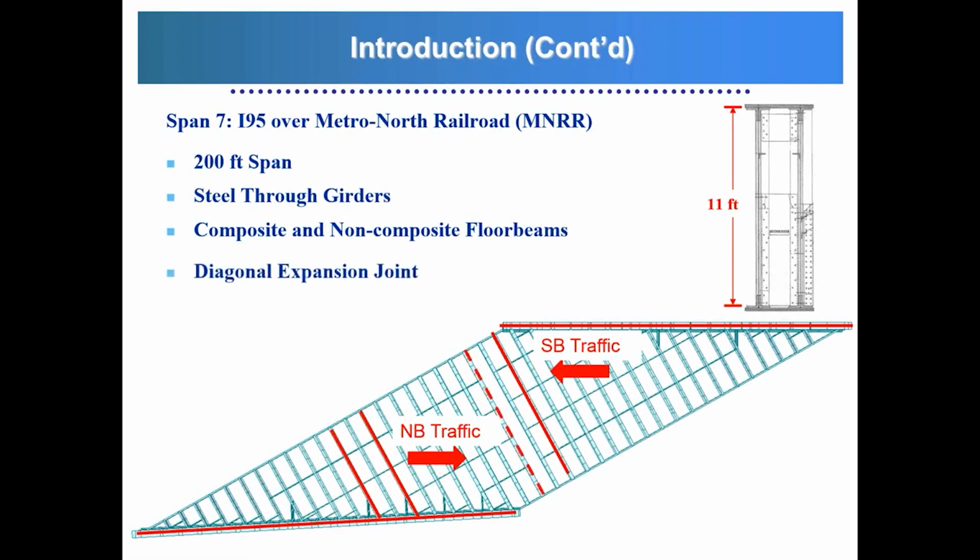In addition, we also have a diagonal expansion joint that runs along the length of this floor beam. And actually, all the floor beams in this span are composite design, with the exception of this floor beam that is located directly below the expansion joint. So later in the presentation I will talk a little bit more about the expansion joint, what the actual configuration is there, and how we model that within MIDAS.